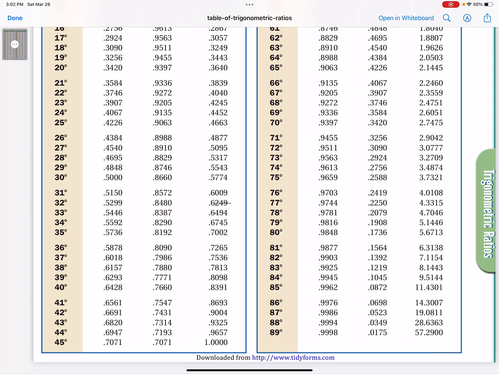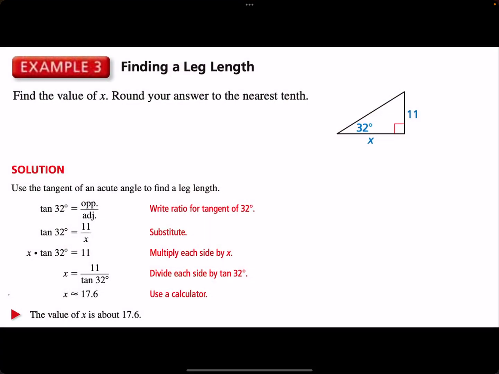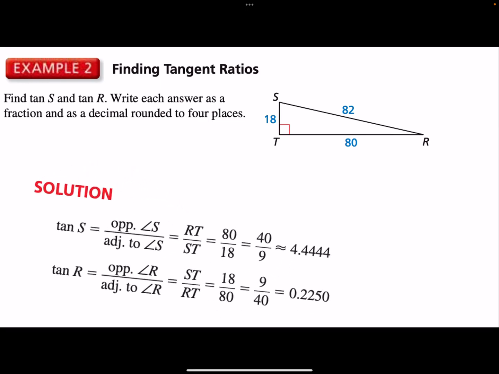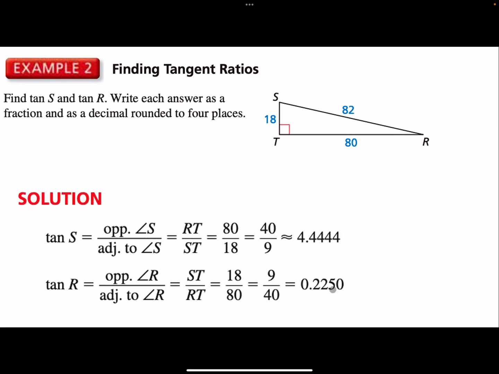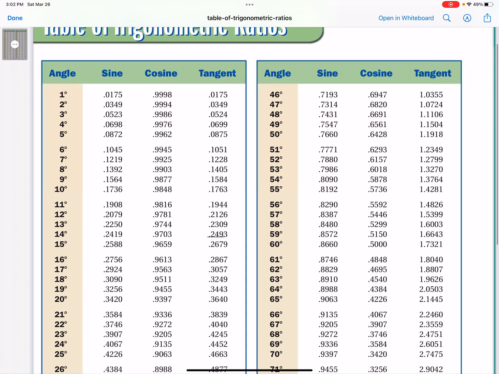And notice from earlier, if you really want to know how to get the answers to these, the tangent of r equals 0.2250, so I can go back and see what's closest to 0.2250.